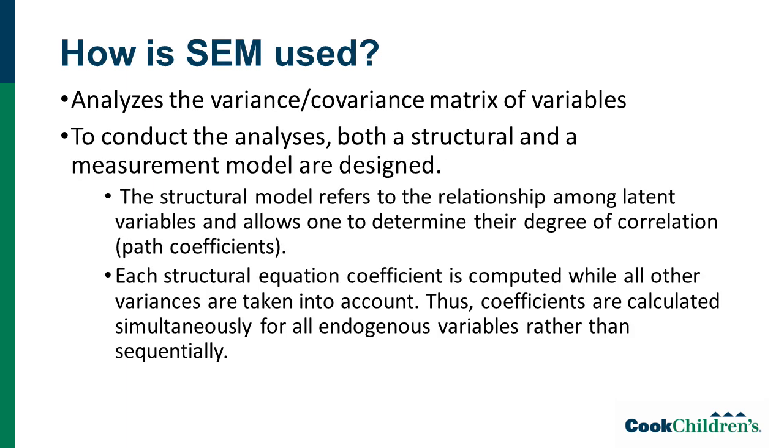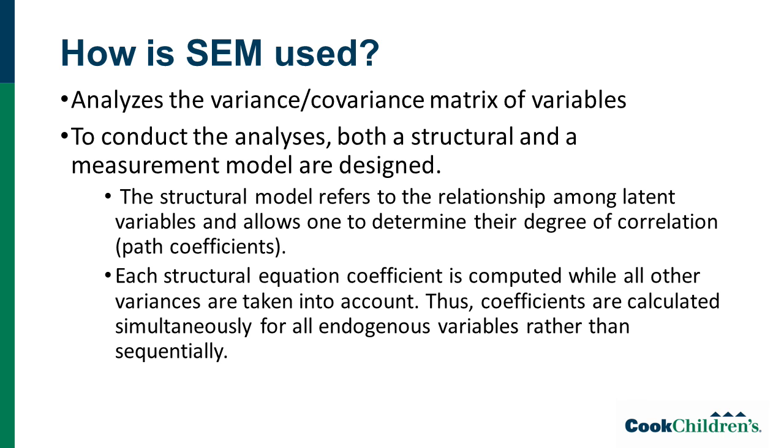So how is SEM used? SEM analyzes the variance covariance matrix of variables, not the raw data. To conduct the analyses, both a structural and a measurement model is designed. The structural model refers to relationships among the latent variables that allows one to determine their degree of correlation.